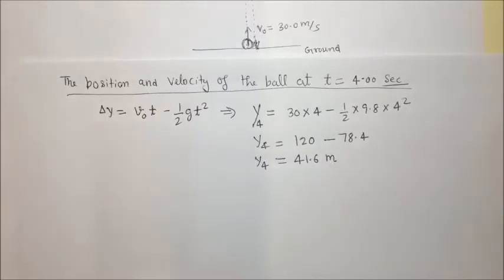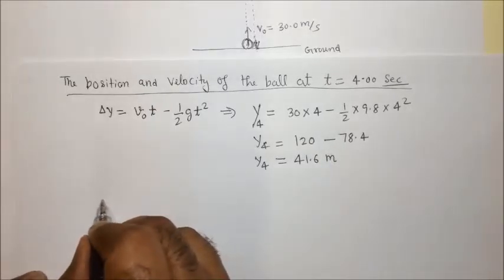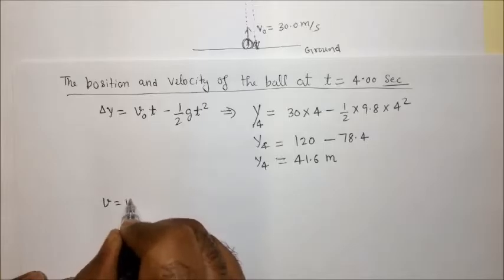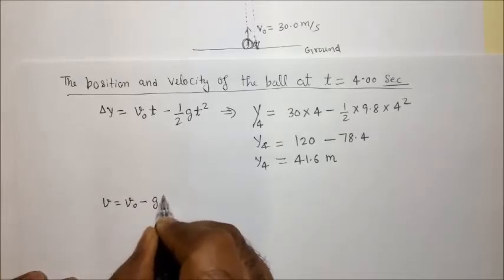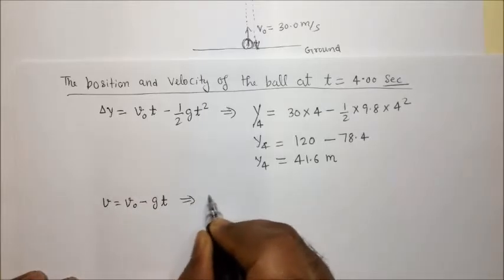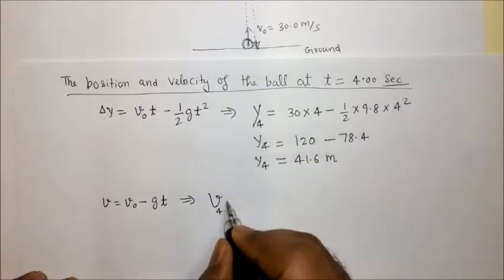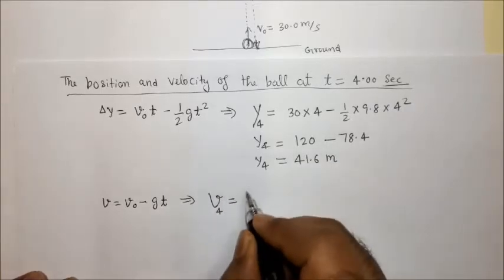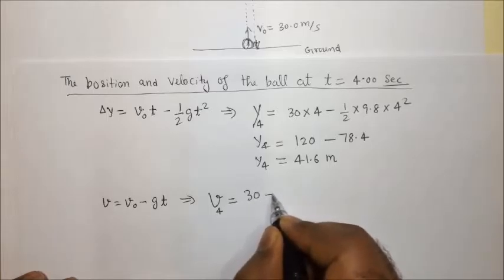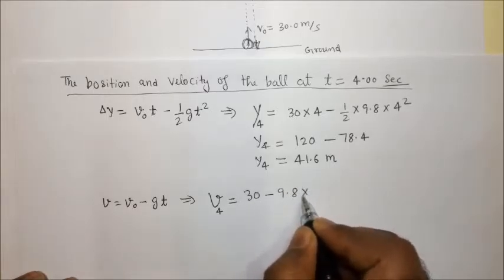Velocity we can find by using v final is equal to v initial minus gt. So v suffix 4 at 4 seconds is equal to 30 minus 9.8 times 4.